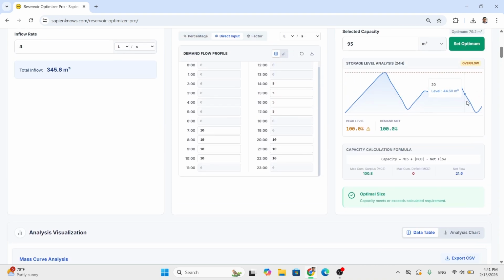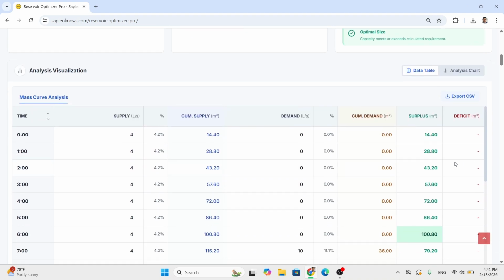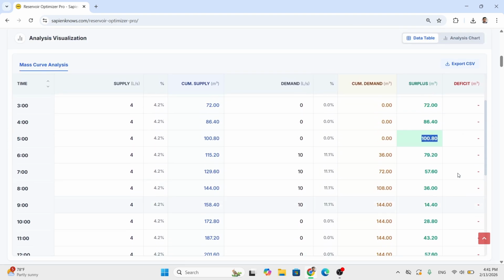So the tank size is calculated on the basis of this formula, which is capacity equals to maximum cumulative surplus, which is 100.8, and there is no deficit.